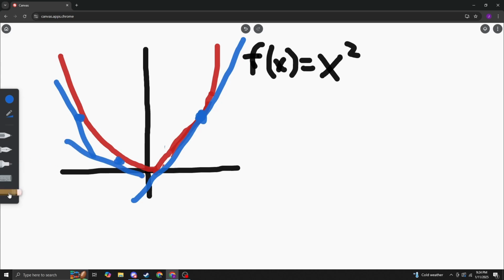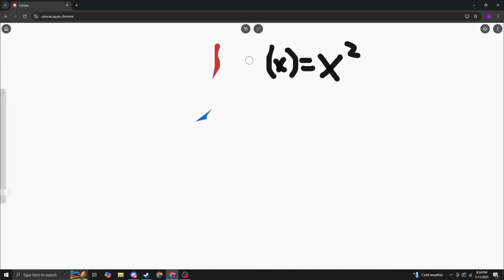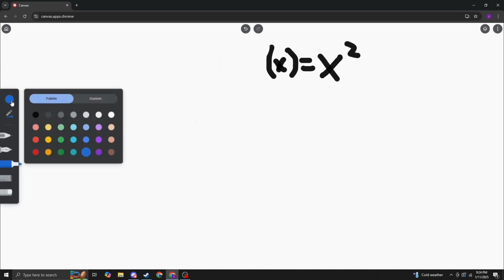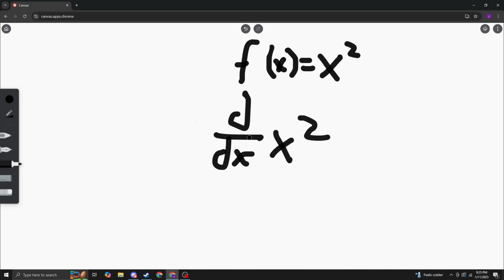And you're going to do this mostly, there's a lot of things you have to remember, but first things first, you're going to use what we call the derivative power rule. So the derivative power rule, if we want to find the derivative, which we write like this, of this function, x squared, you're going to need to use the power rule.